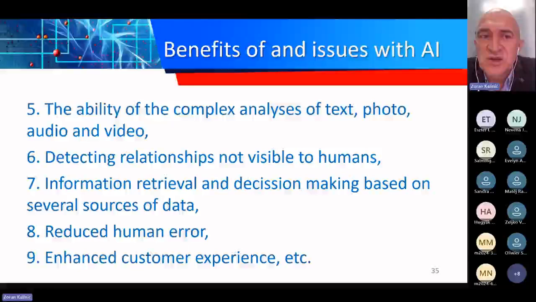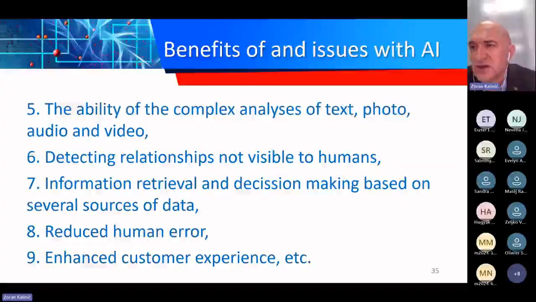And this is one of the very interesting and very important characteristics of artificial intelligence, that in many cases we can use these tools, for example, for the segmentation of consumers, not based only on some simple characteristics, but on some hidden patterns that we as humans actually could not see. We cannot see sometimes that some data is interconnected.